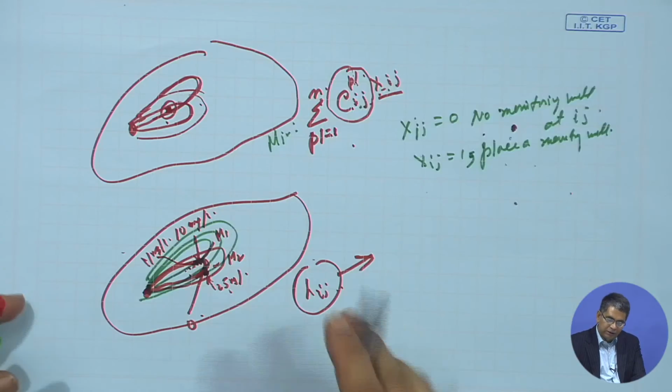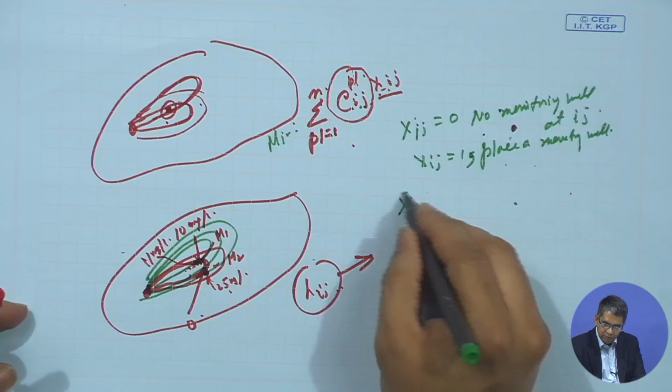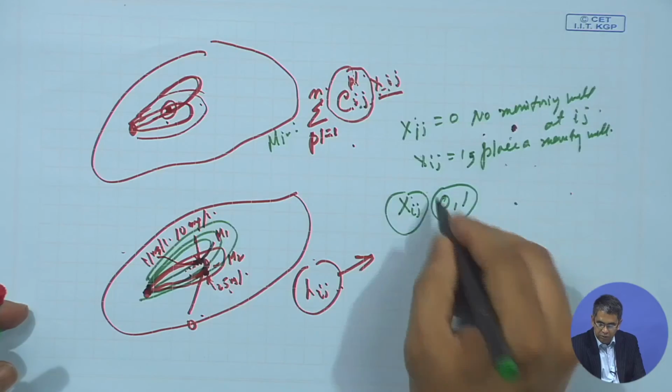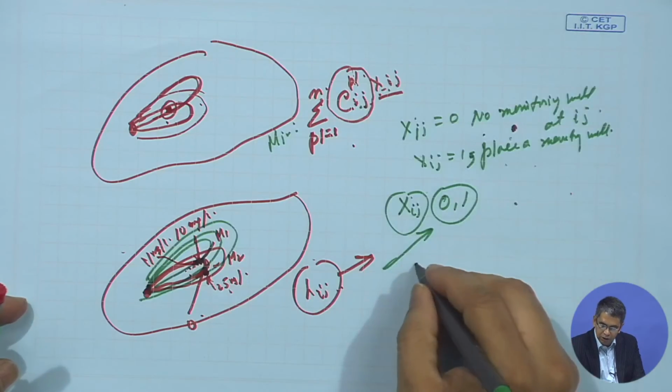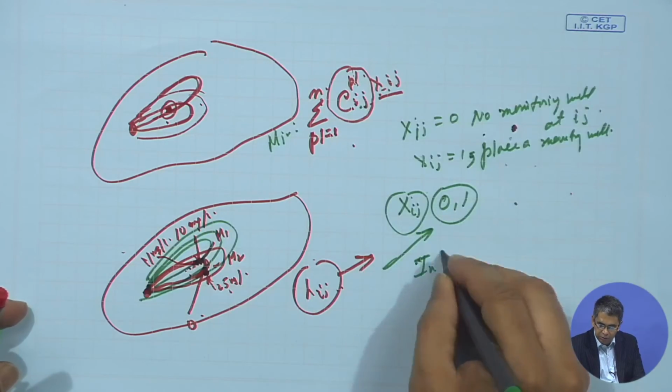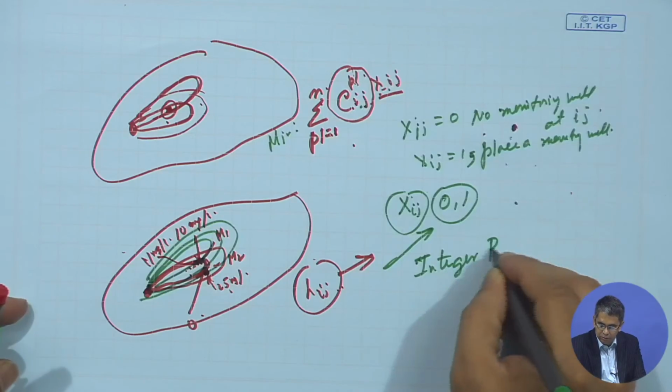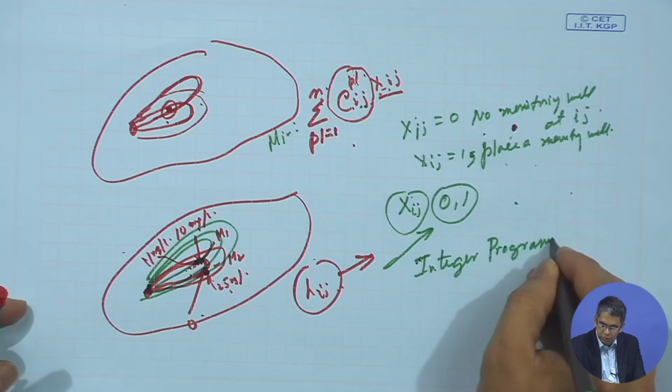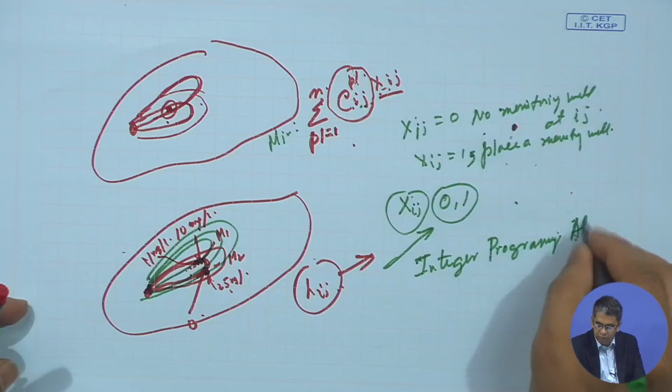So in that case, Xij is a 0, 1 variable, which is therefore what you need for solving this is an integer programming algorithm.